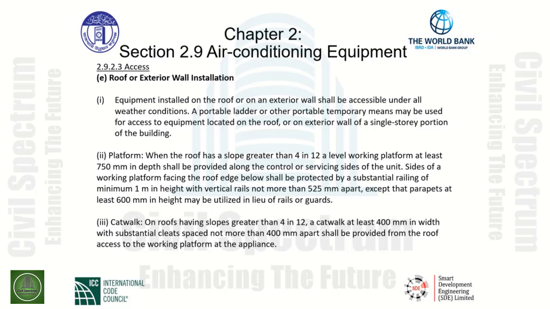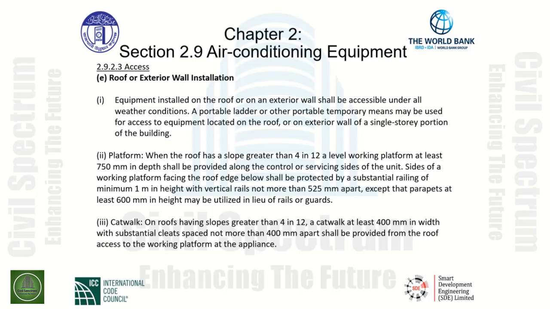On roofs having slopes greater than 4 in 12, a catwalk at least 400 millimeters in width with substantial cleats spaced not more than 400 millimeters apart shall be provided from the roof access to the working platform at the appliance. This section clearly states, ladies and gentlemen, that you cannot walk on a roof that has a slope greater than 4 in 12.